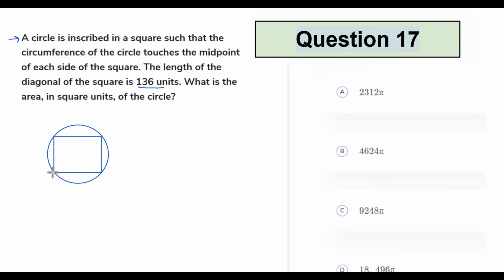Then you are given the diagonal of the square. The circle is inscribed. Oh, sorry. The circle is inside. Let me make the circle first. That was the wrong diagram.